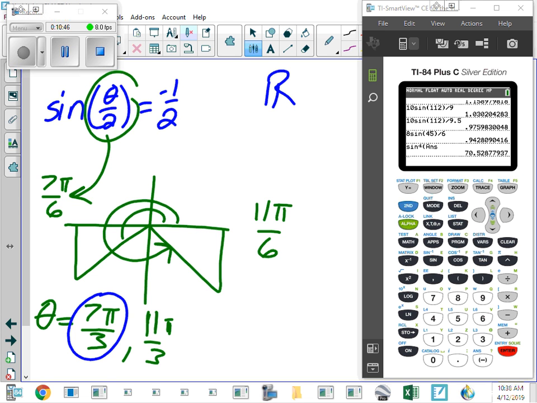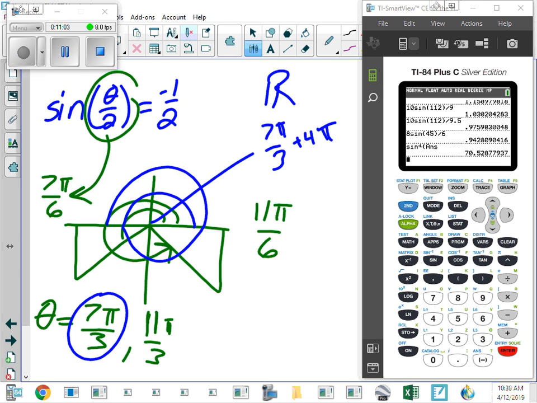No, 7 pi over 3 is 3, 6, 9. So it's right there in quadrant 1 after a full rotation. So it's going to be 7 pi over 3 plus 4 pi k. And the other one is going to be 11 pi over 3 plus 4 pi k.